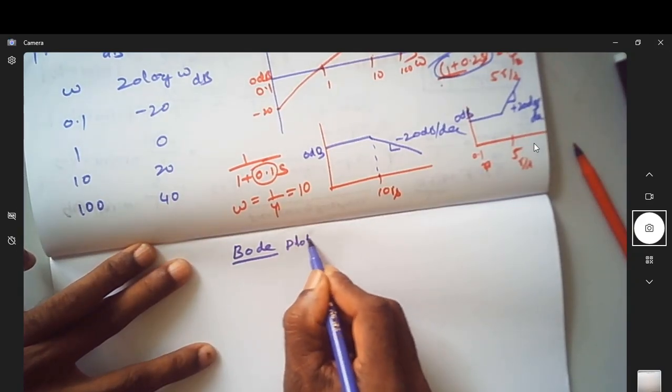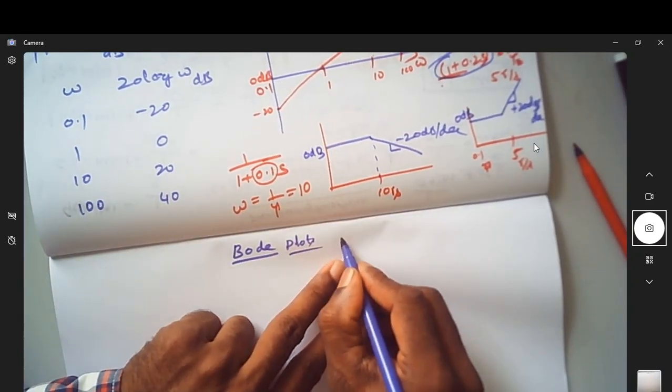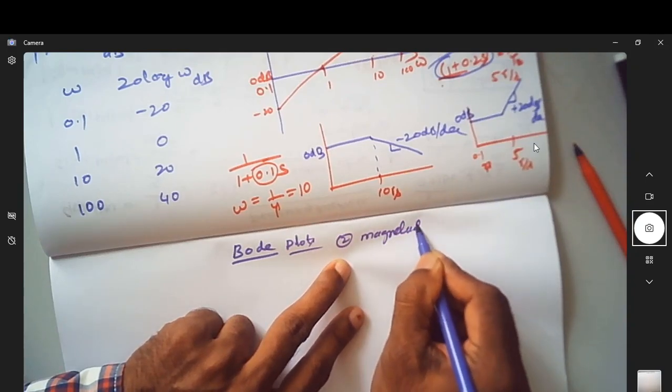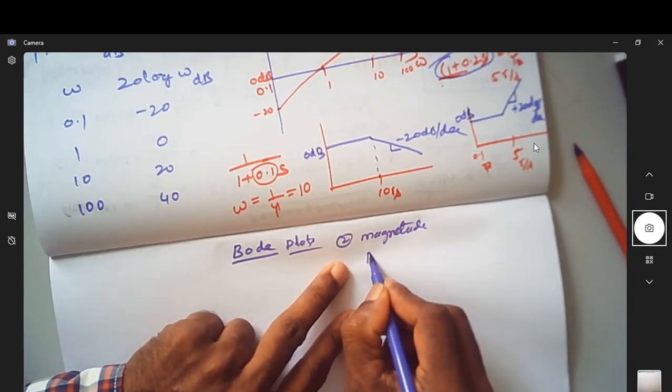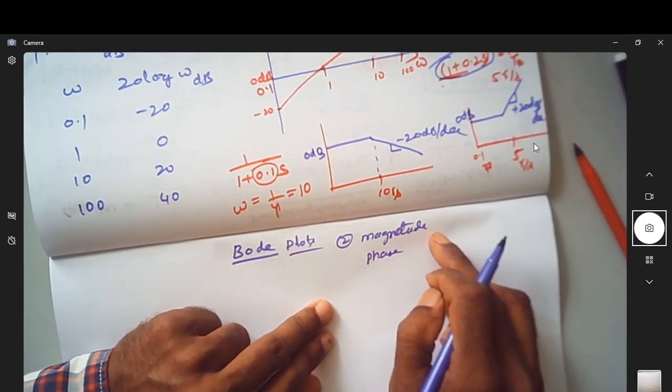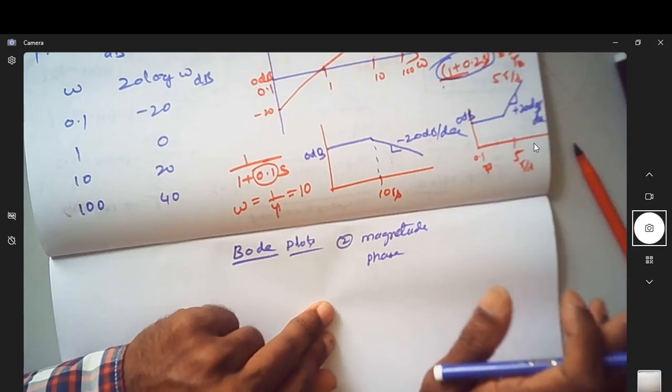Bode plots consist of two plots: one is the magnitude plot, and the other one is the phase plot. How does the magnitude change with respect to frequency? How does the phase change with respect to frequency?